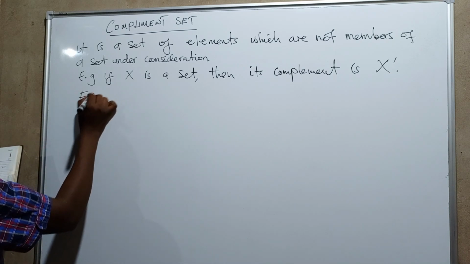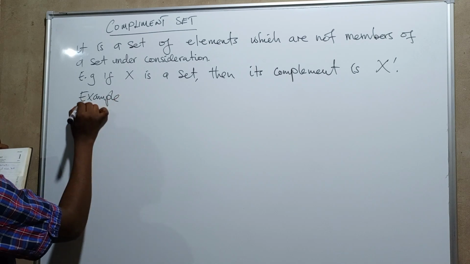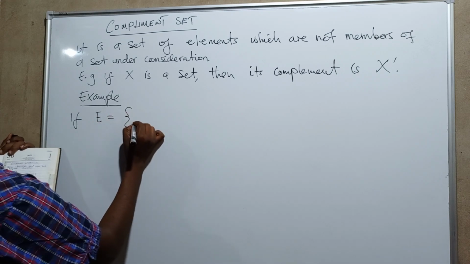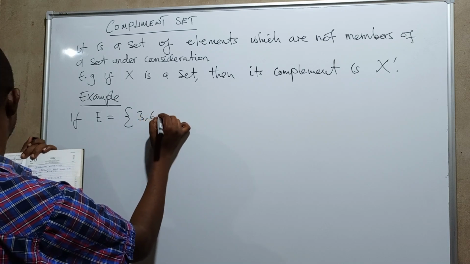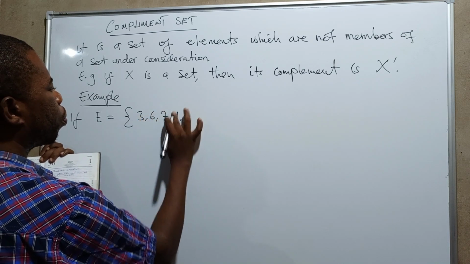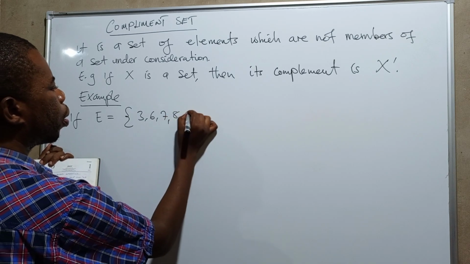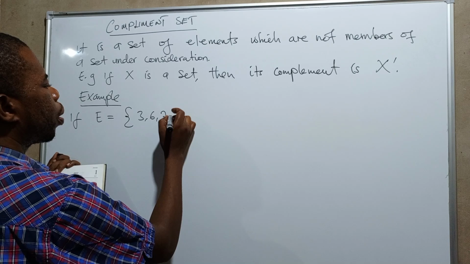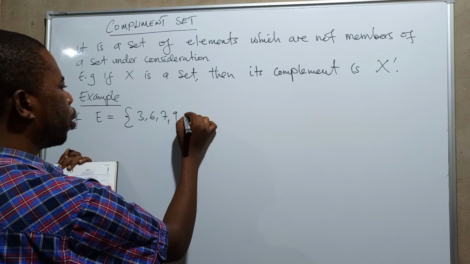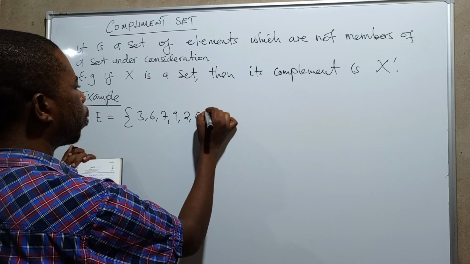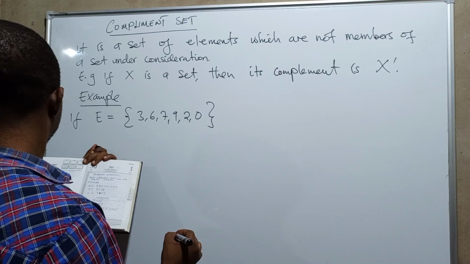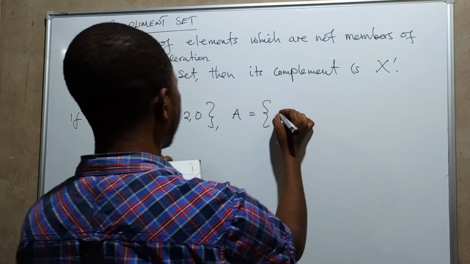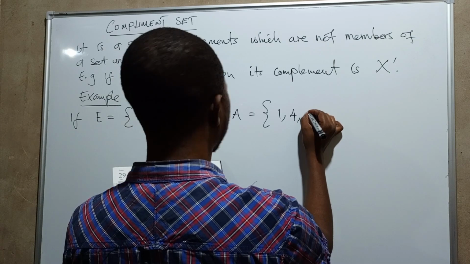Let's put this example here where the universal set has elements such as 3, 6, 7, 9, 2, 0. Then we are told we have A, which is a set of 1, 4, then 8.